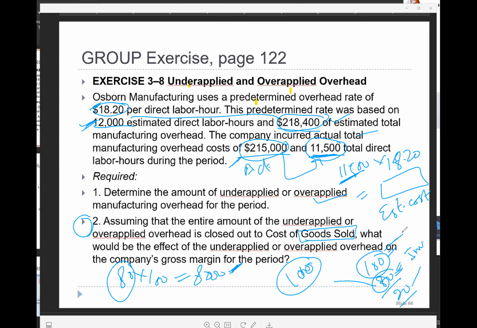We manufacture 100, but we sold 80, so our profit should be based on the 80 units that we sold. So the question is asking, if we are under applied, will the gross profit increase or decrease? You need to tell me whether we should increase the cost of goods sold or decrease the cost of goods sold. Oh, okay.